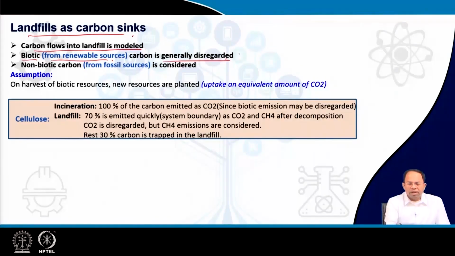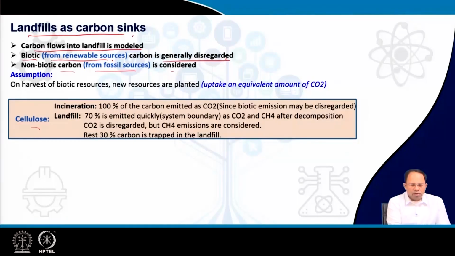Once you put it in the landfill site, decomposition will happen, and this carbon will convert into CO2 and CH4 and get released into the atmosphere, and the plant takes back this carbon from the atmosphere. So it's a cyclic process, and we can disregard it. Whereas non-biotic carbon, such as from fossil fuels, is considered.